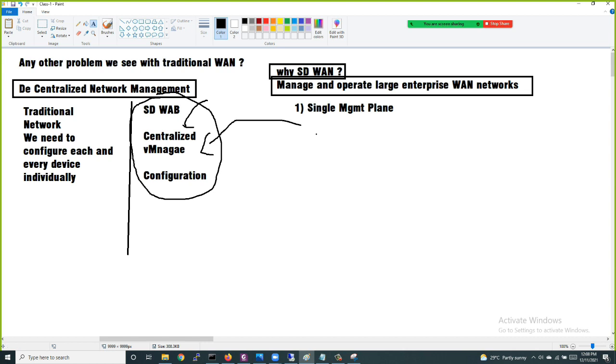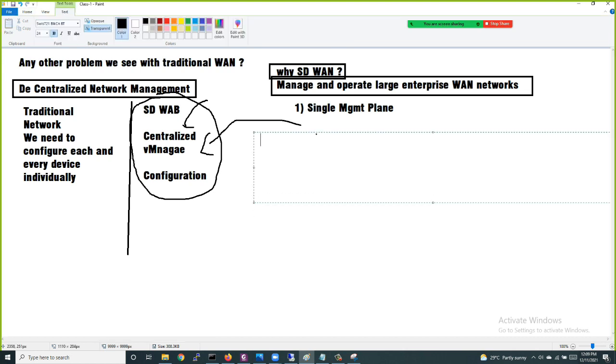In SD-WAN, all the components of the network are managed centrally, and we call it a single management plane. After that, there are a few more benefits that we will discuss from time to time. So keep this in mind.